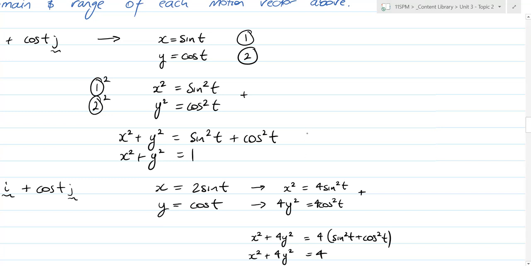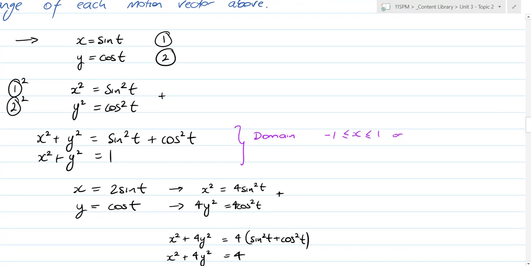Okay, so the first one is a circle, and what's the domain and range? It can be written like that, or it can be written as -1 to 1, like that. Curly brackets because -1 and 1 are included. And the range is the same because it's a circle.